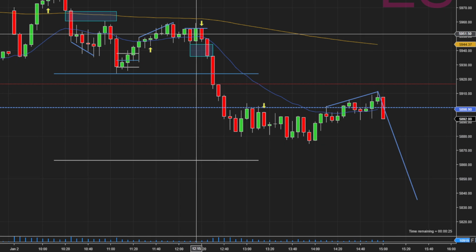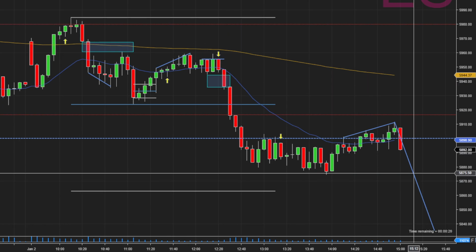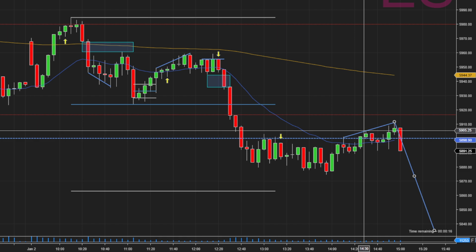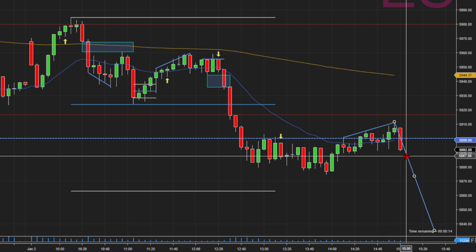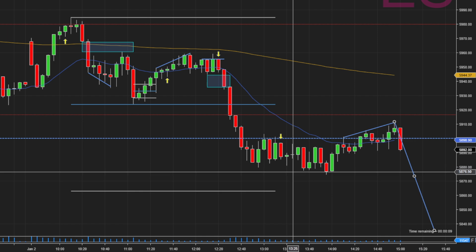Sometimes that second leg is delayed, so it's possible we could see a sell-off here at the end of the day, especially after this wedge pattern. That's a good looking wedge, so possibly might look for another short here at the end.